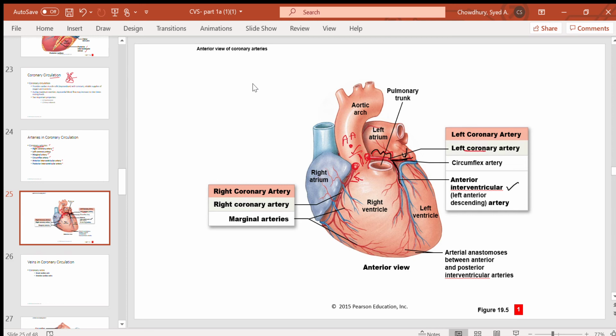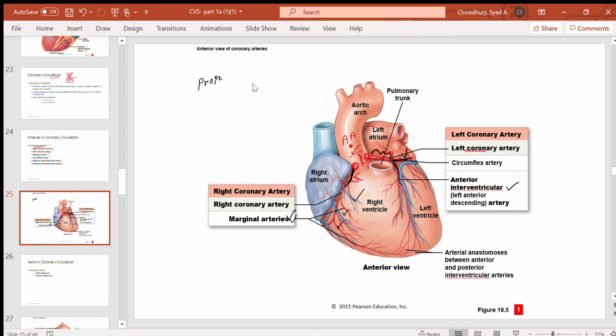So that's why it is called anterior interventricular artery. Makes sense? And right coronary artery, this one, you see, gives branches. The important branches are called the marginal arteries.